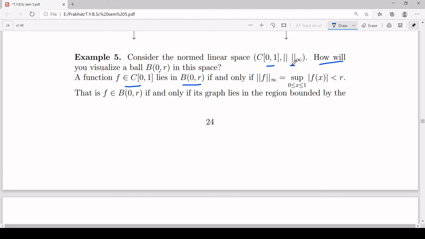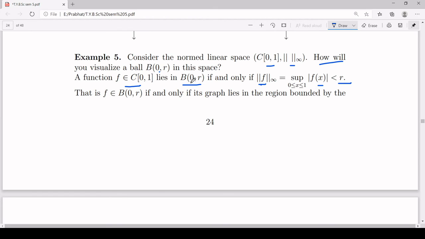It's a normed linear space, so the distance is induced from the norm. So the norm of f minus 0 is less than r. So you can say the norm of f is less than r. That is, f will belong to B(0, r) if and only if the norm of f infinity, which is equal to the supremum of the modulus of f(x), x lying between 0 and 1, is less than r.